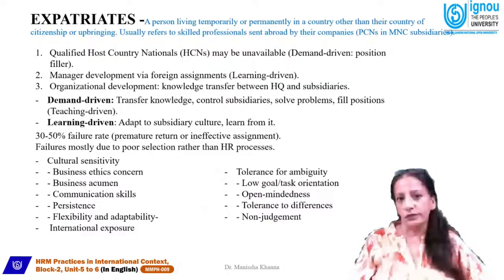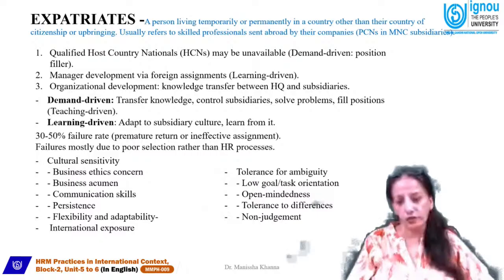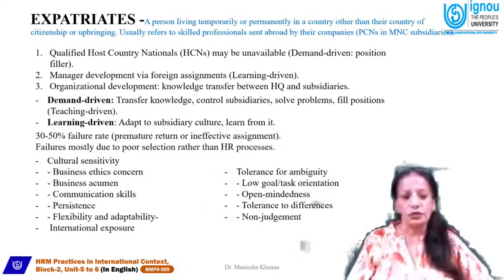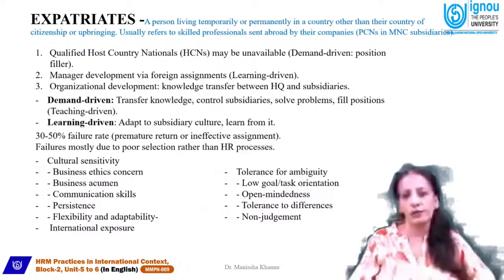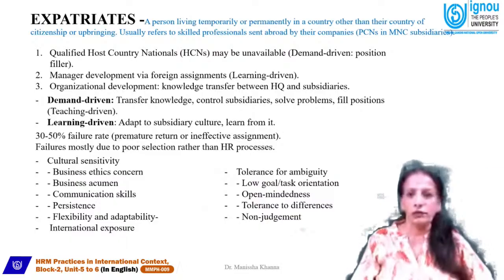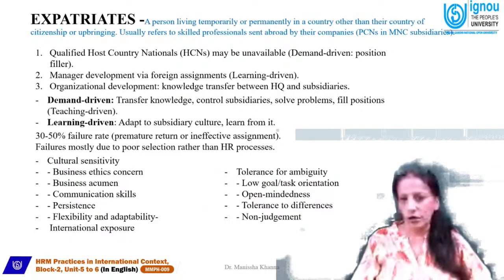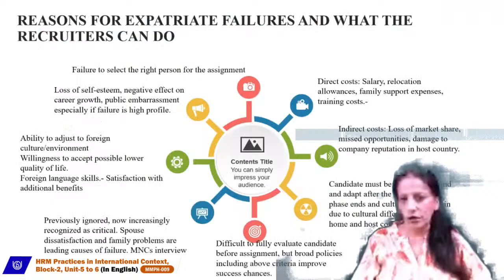If there is ambiguity, then also it is a lack of HR processes, low goal and task orientation, flexibility and adaptability, tolerance to difference, non-judgmentalness, international exposure, and open-mindedness. So these are a few reasons for this failure, but there can be other reasons also, that can be personal or related to physiological or psychological forces as well.